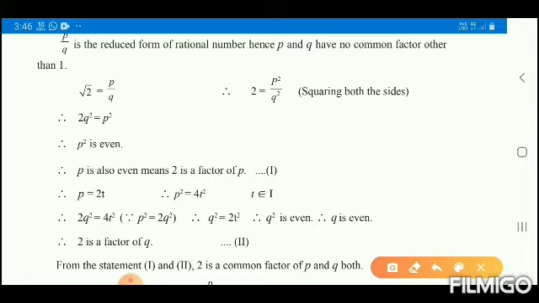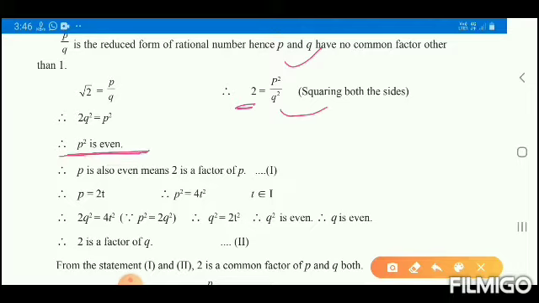We will square these numbers. Then root 2 squared is 2, and p squared upon q squared. Now I will shift this denominator to the left side. Then 2q squared is equal to p squared.